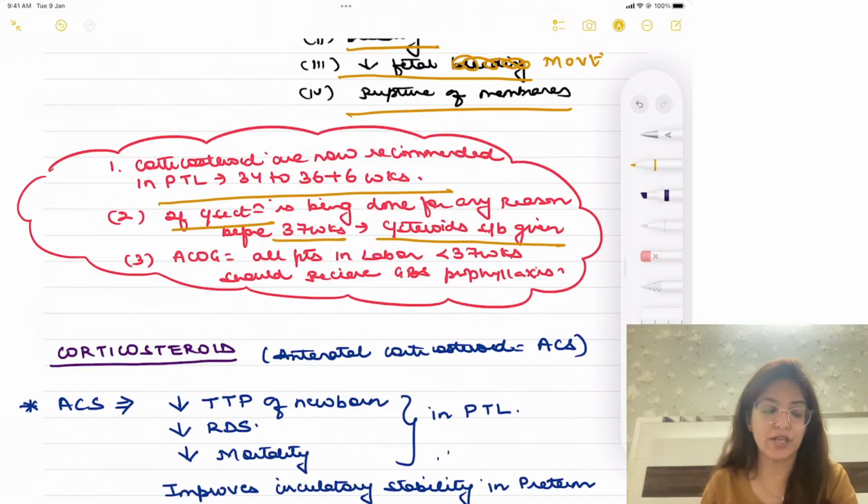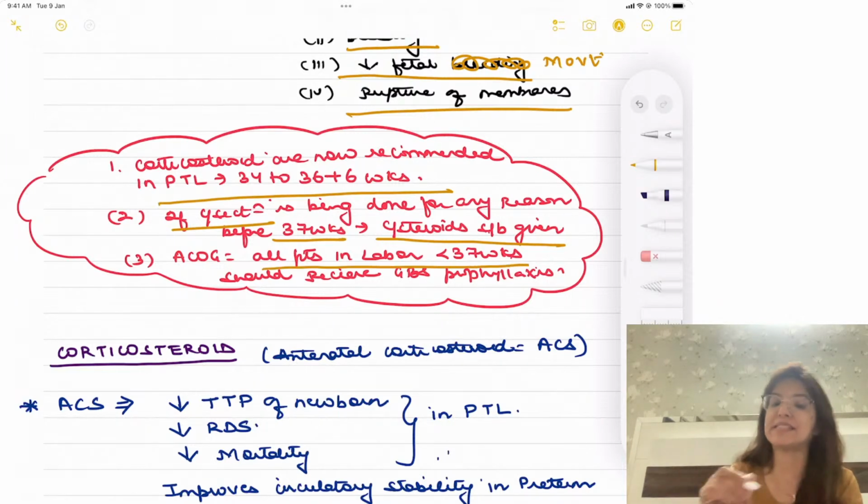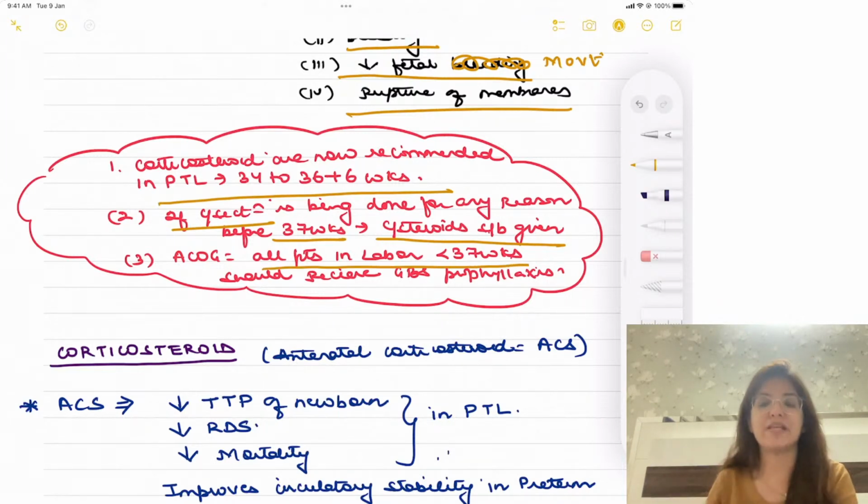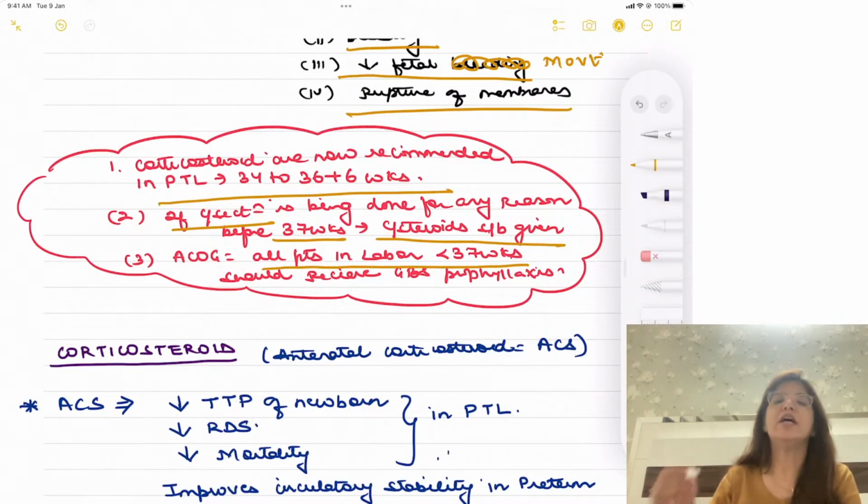The third important thing which you have to remember is that ACOG says that all patients who are in labor at less than 37 weeks, that means they are in preterm labor, they should all be given GBS prophylaxis, right?